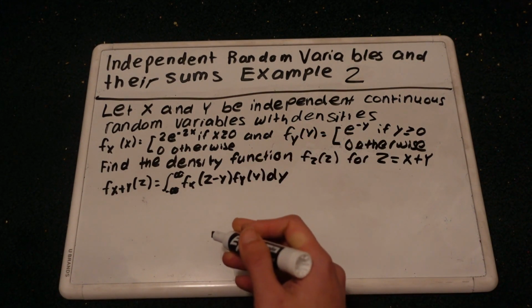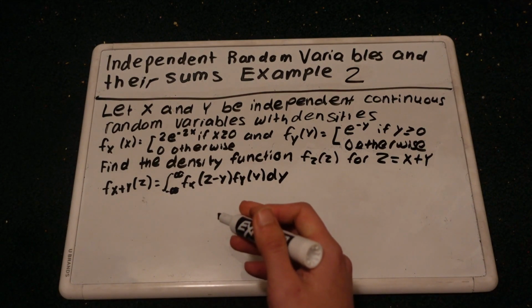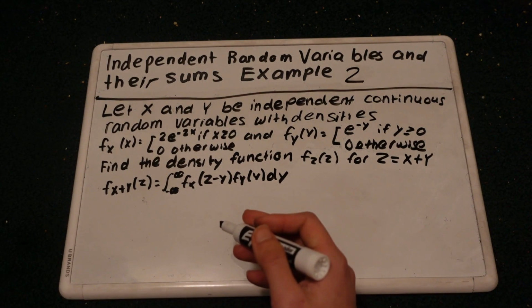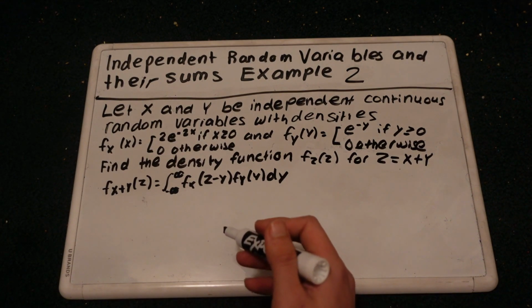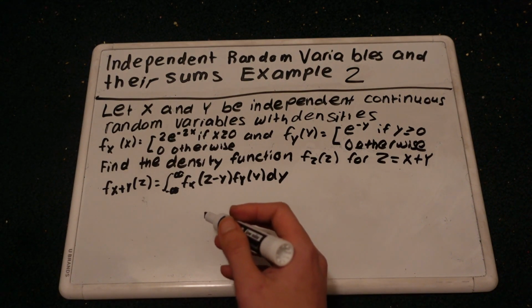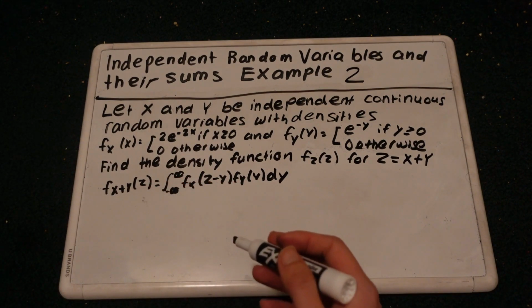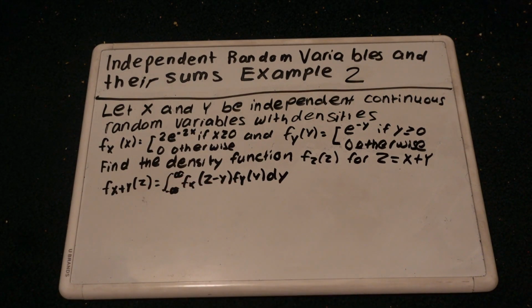If x and y are independent continuous random variables with density functions f of x and f of y respectively, then the density function of their sum x plus y is given by the convolution, this formula that I wrote down. This is the sum of independent random variables.